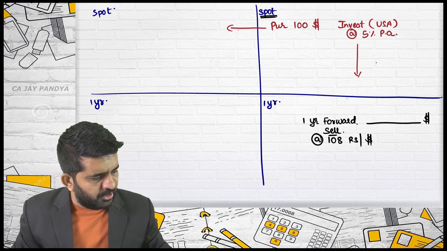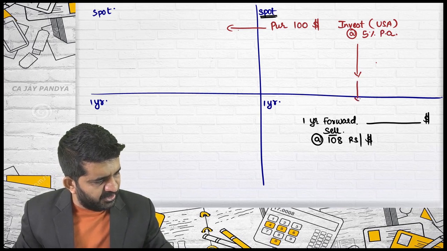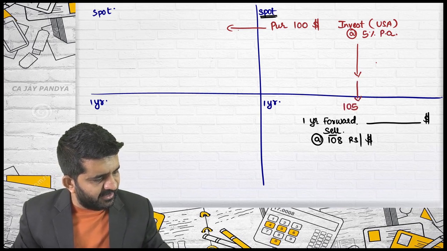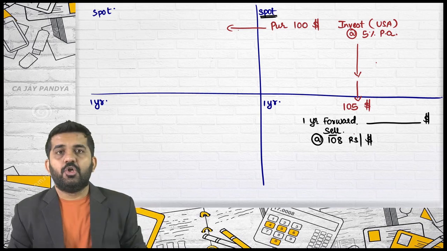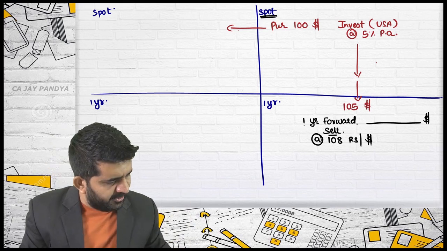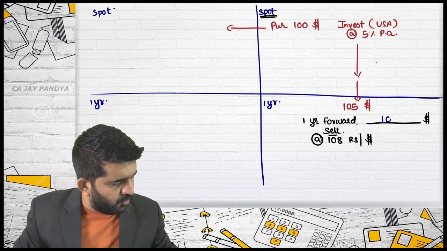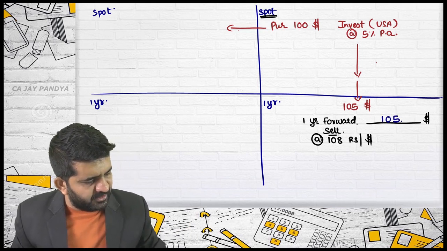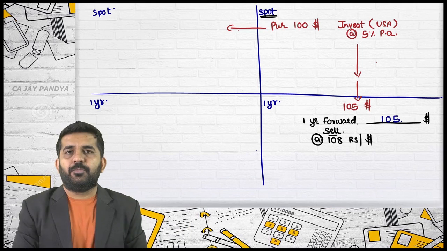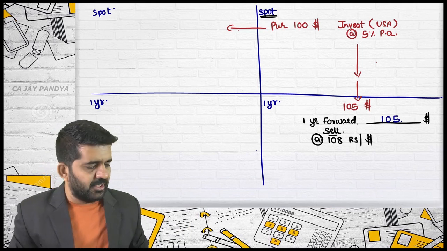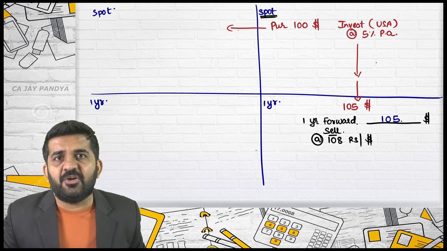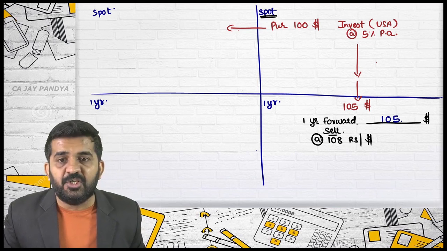So how much dollar will you be getting at the end of 1 year? You will be getting $105. So initially only you should be selling 1 year forward of $105, sell at the rate of rupees 108. You will be selling $105 after 1 year.